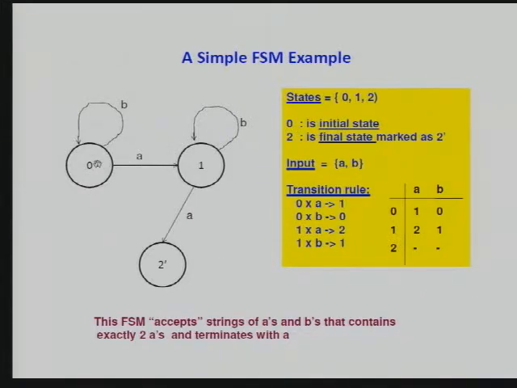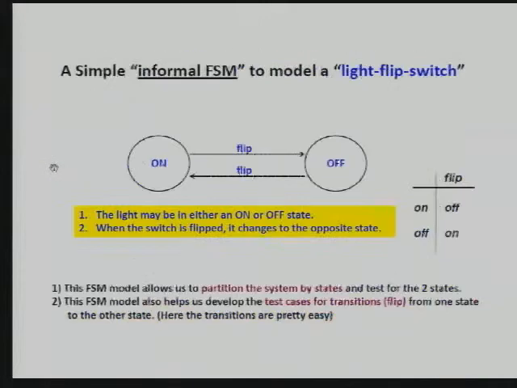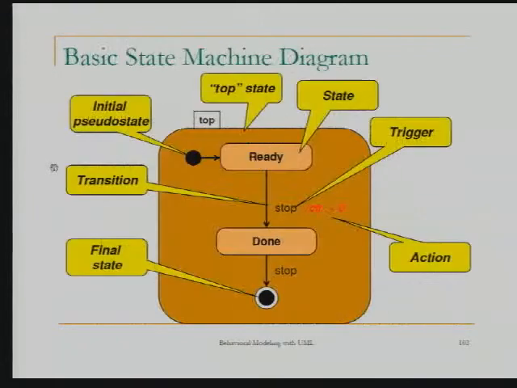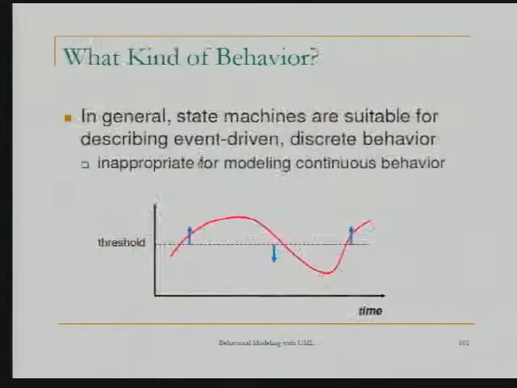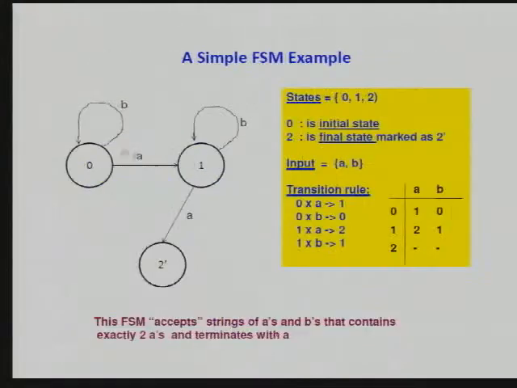If I were to do this properly, I can put that little beginning dot that I showed you earlier, the initial pseudostate, and point that to state 0 as the initial state. The final state in this simple machine is marked as 2 prime.